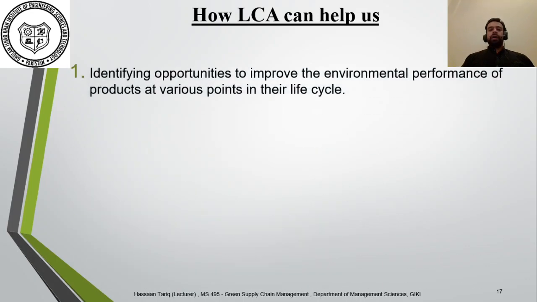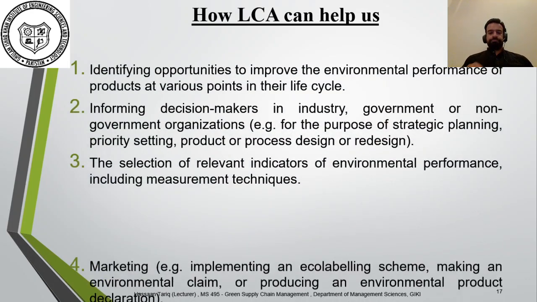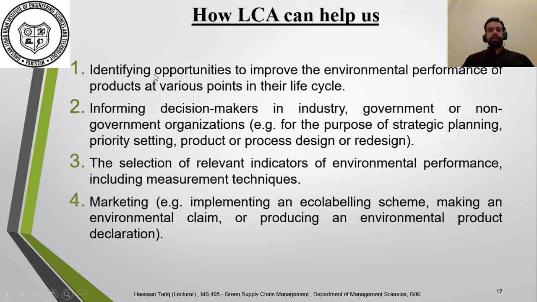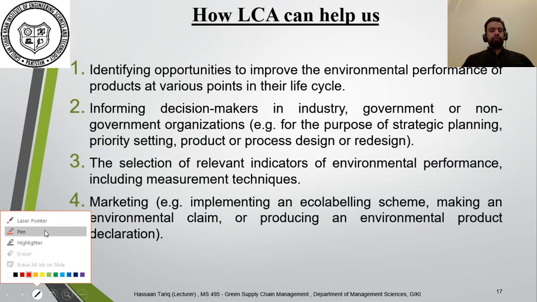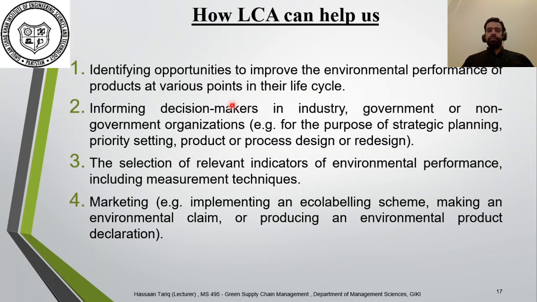Alright people, how exactly can LCA help us? First thing first, identifying the opportunities to improve the environmental performance of products at various points in the life cycle. Similarly, LCA can help us in informing the decision makers in industry, government, or non-governmental organizations for the purpose of strategic planning, priority setting, and product or process design or redesign. Similarly, LCA can also help us in the selection of relevant indicators of environmental performance, including measurement techniques.